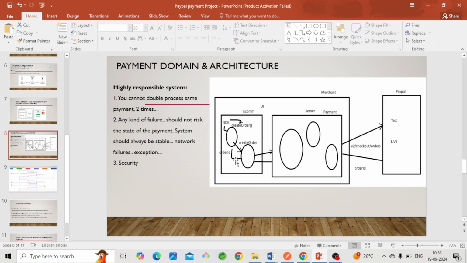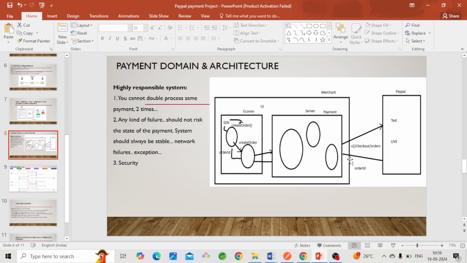Here, the front end page of the e-commerce system talks with the backend server. After that, the request goes to the payment server, which makes the API call to PayPal at v2/checkout/orders. Then PayPal generates a unique ID for this created order.